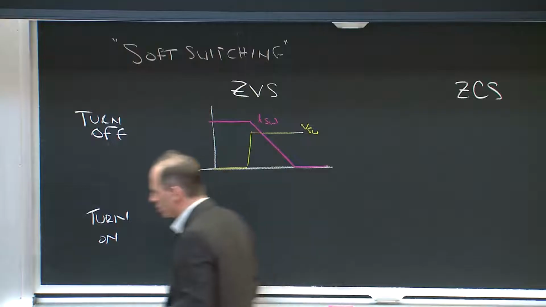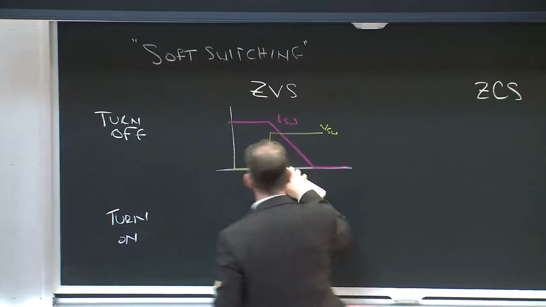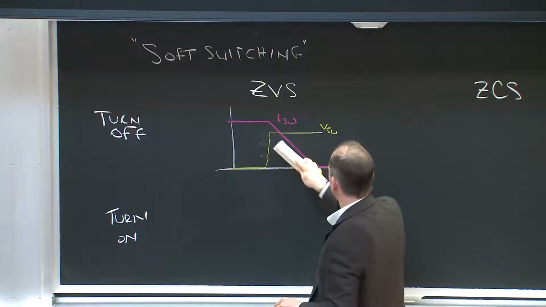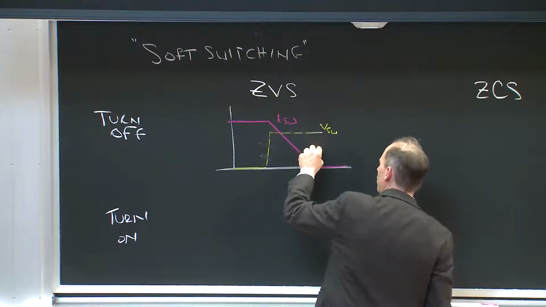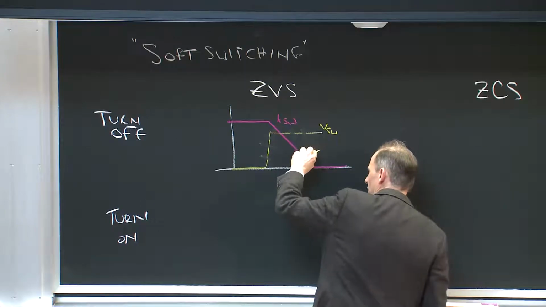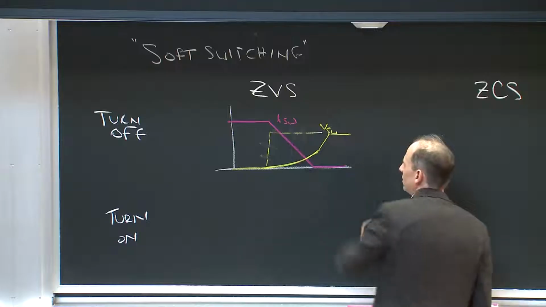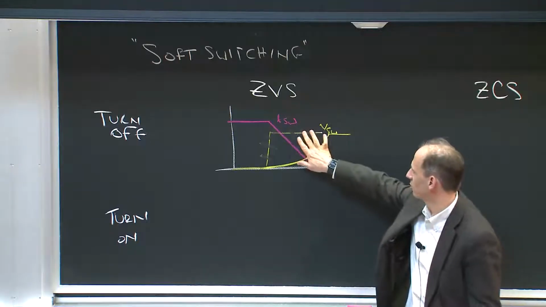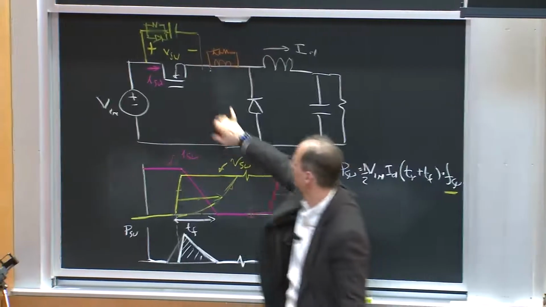And that would be a hard switch transition. What we do in a zero voltage turn off is we typically do something to delay the voltage rise on the switch. Maybe it does something like that, right? Well, that ought to look pretty familiar to you. That's sort of what the snubber did over here, right?